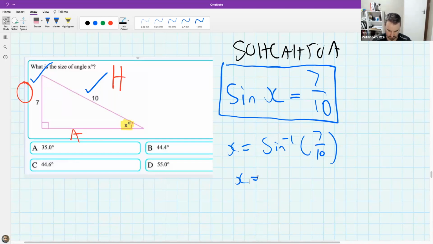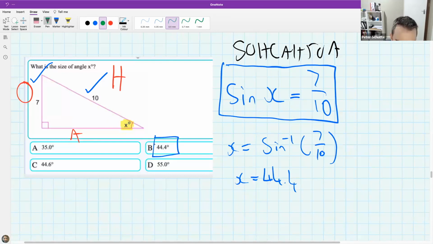So I go shift sine, fraction button, 7 over 10. And what do I get? I get 44.4. And that tells me that the option over here must be B. So this angle is 44.4.